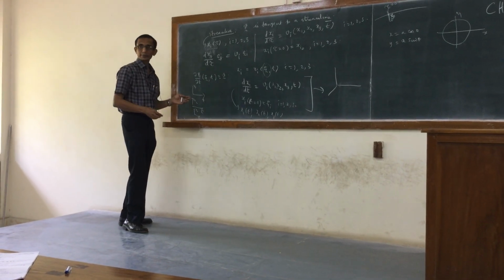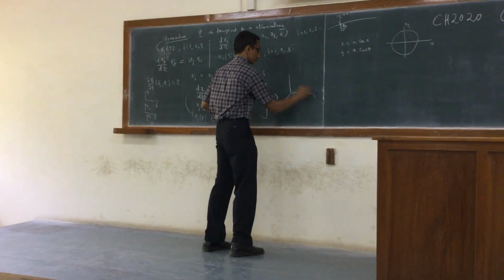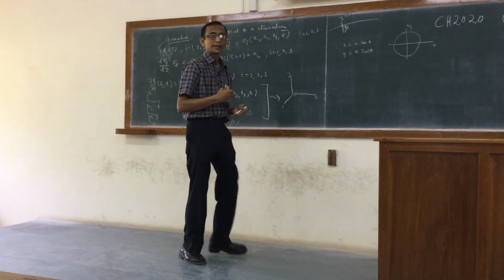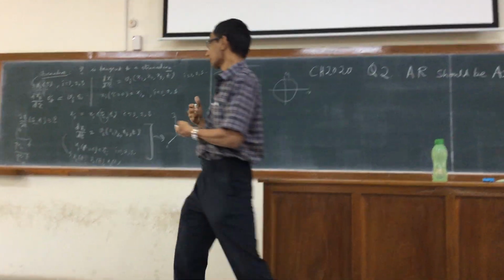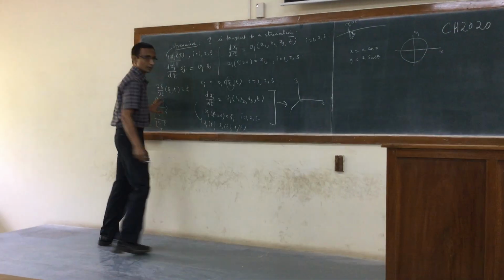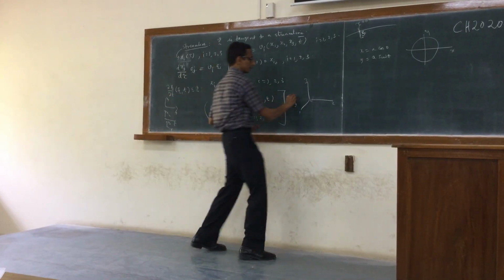I can plot it like this, but what I want to plot is like this. In this three-dimensional space, I want to plot this behavior. So clearly time will be suppressed and I will get some curve in space.